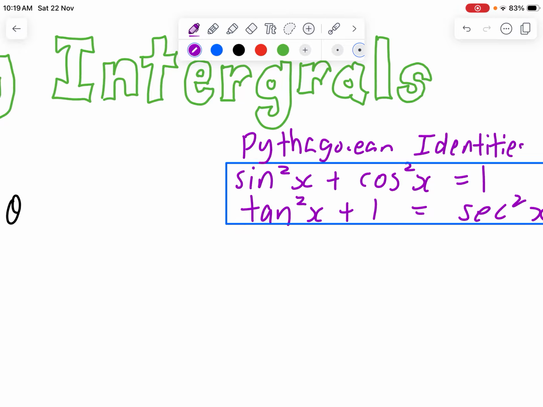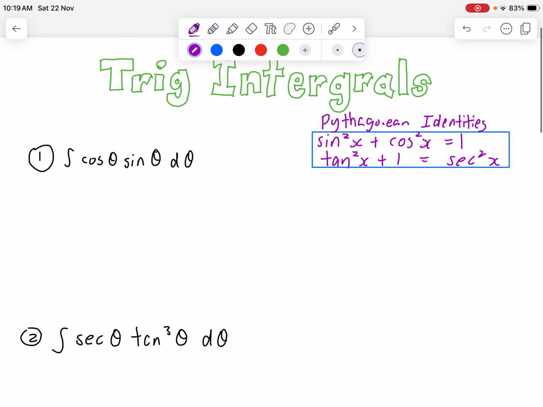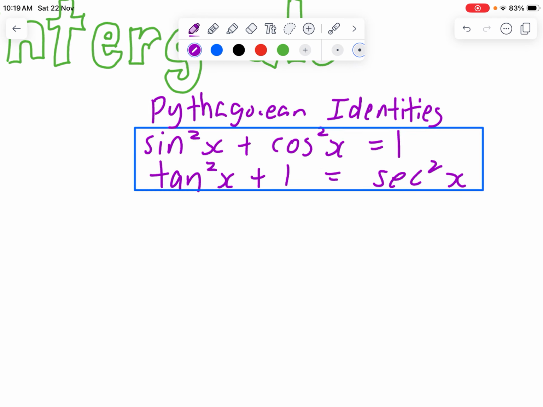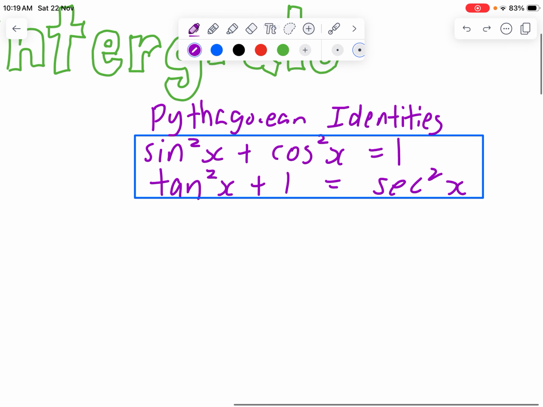When it comes to trig integrals, these are very helpful, so you always want to reference this. One way to remember this is to remember the first line: sine squared x plus cosine squared x equals 1.